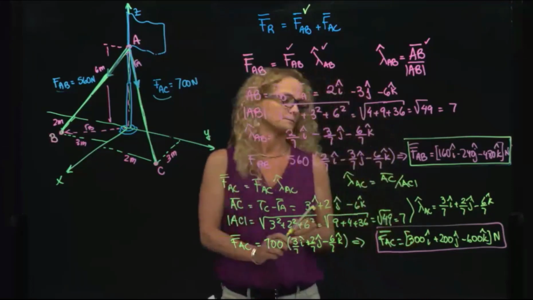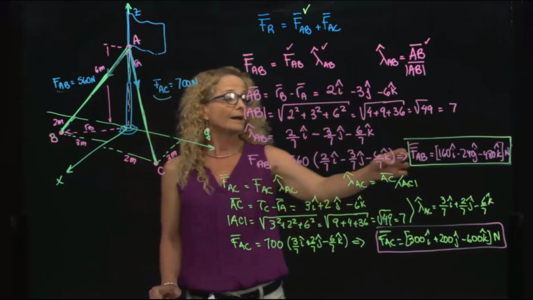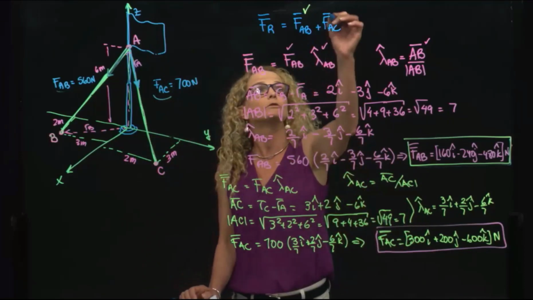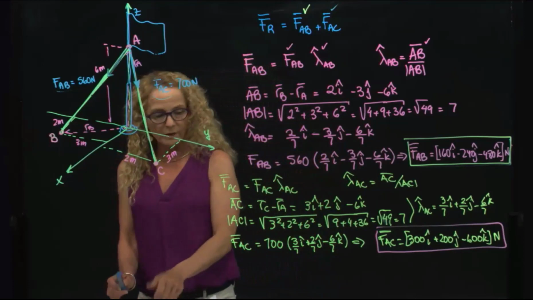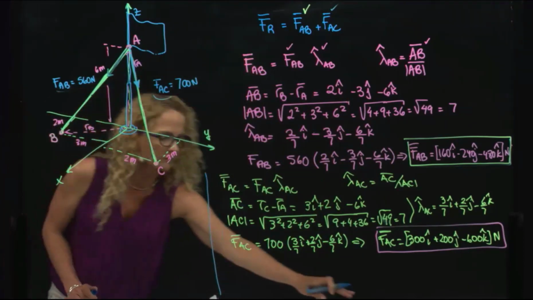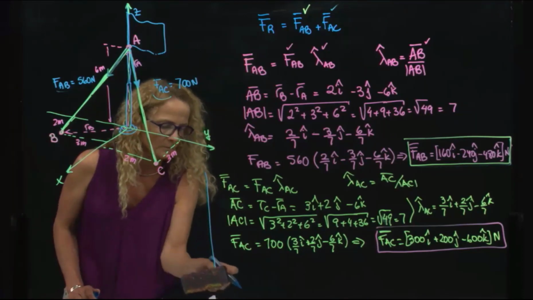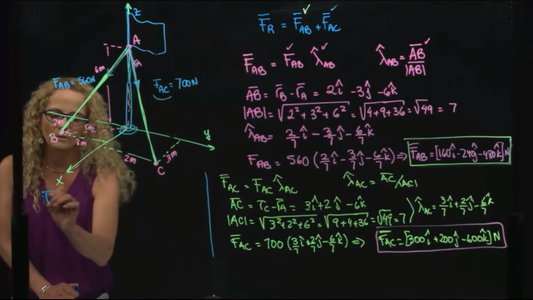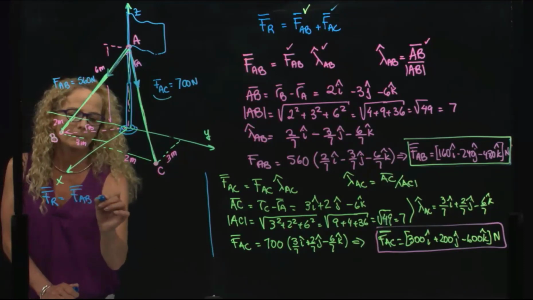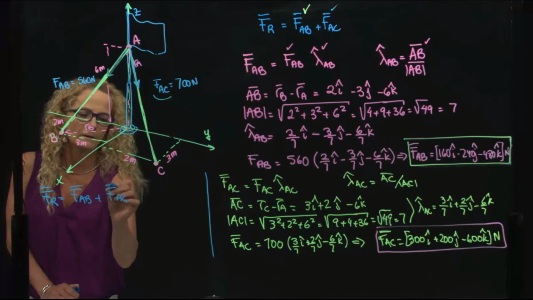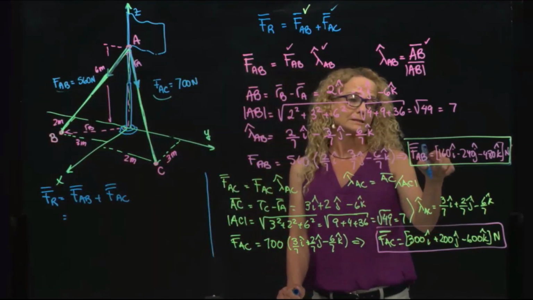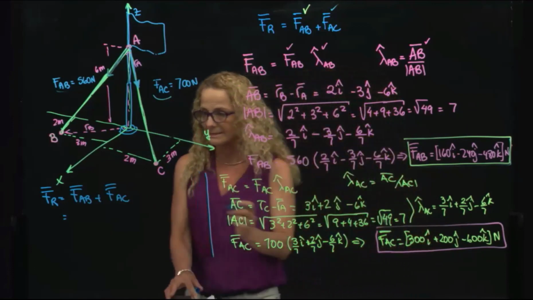This is a vector. Okay, now that I have the two vectors, I can find the resultant force, which is adding the two vectors. Okay, let's do that. So I'm going to do it right here that I have a little bit of space. My resultant force will be AB plus AC, and I will add each of these components. As you see, 160 plus 300 is 460, right?